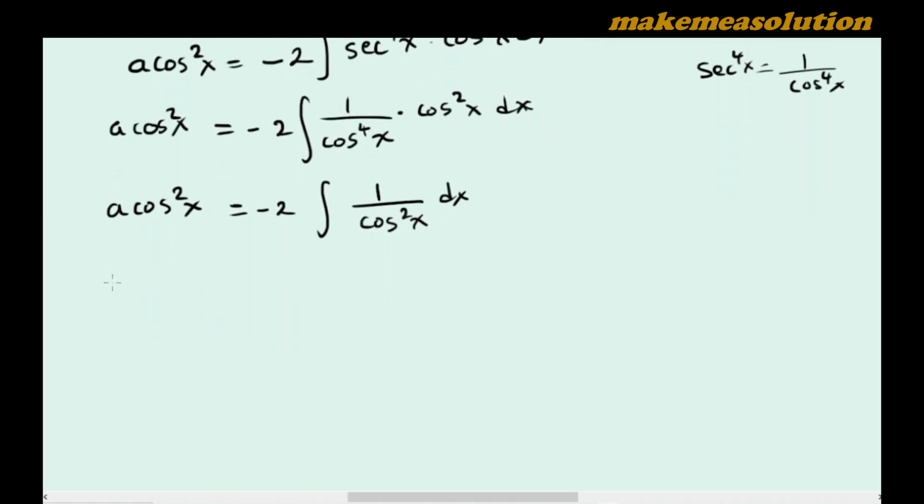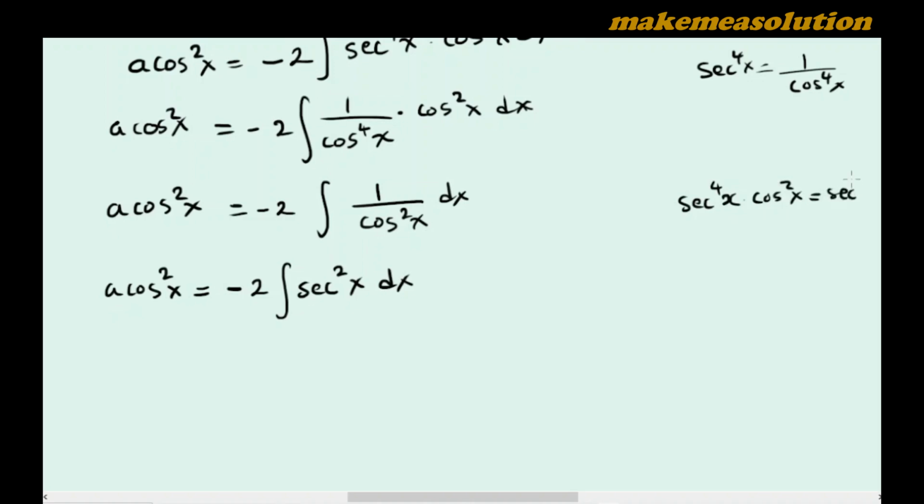Then integral of 1 over cos squared x is still integral of sec squared x dx. Just do the conversion. So sec 4x times cos squared x is actually sec squared x, if you do the mathematics.